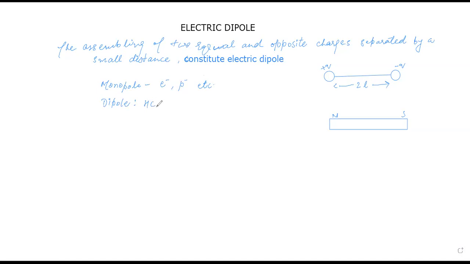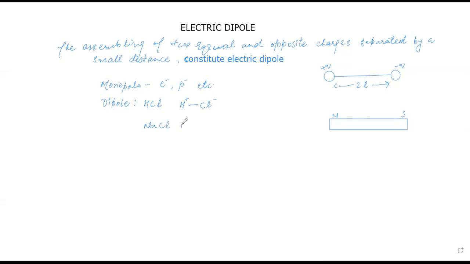The other one is NaCl. In NaCl, you can see that two poles are found.